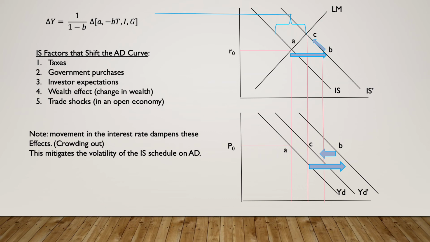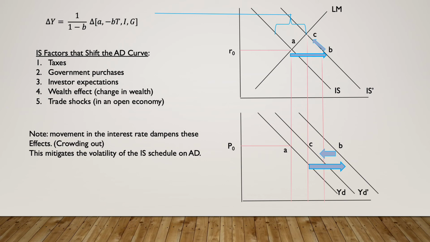So when you're looking for effectiveness of fiscal policy or dangerousness from volatility of investor expectations, both of those things, volatility and aggregate demand, are more likely to occur with a flat LM curve and a steep IS curve. These are the conditions for effectiveness of monetary policy, but also conditions for how much volatility in IS will translate into volatility of aggregate demand.